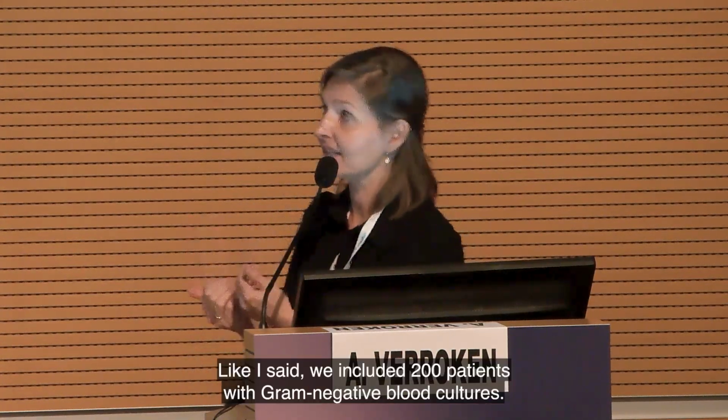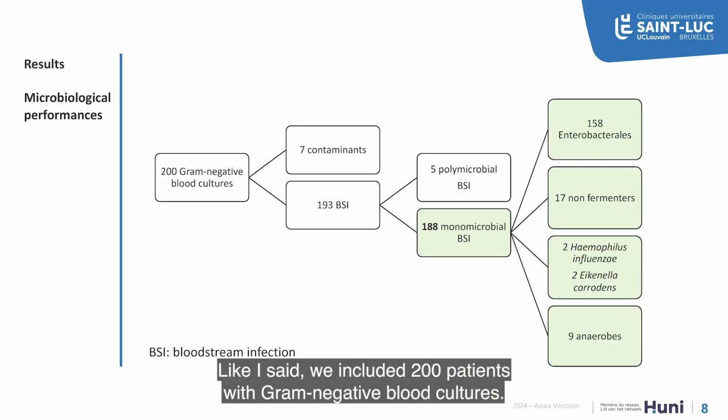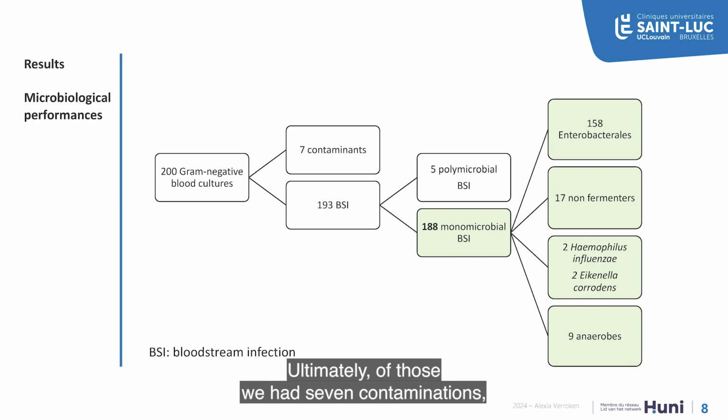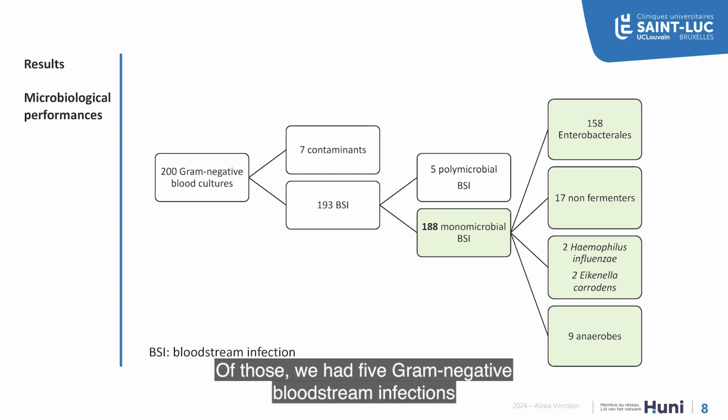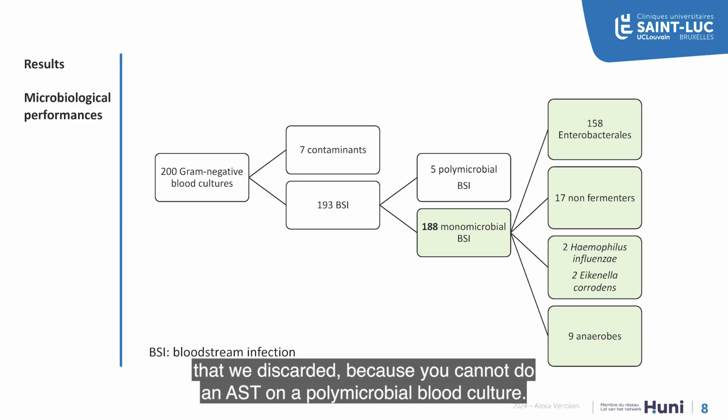So let's go to the results. Like I said, we included 200 patients with gram-negative blood cultures. Ultimately, of those, we had 7 contaminations. So we got back to 193 bloodstream infections. Of those, we had 5 gram-negative bloodstream infections that we discarded because you cannot do an AST on a polymicrobial blood culture.